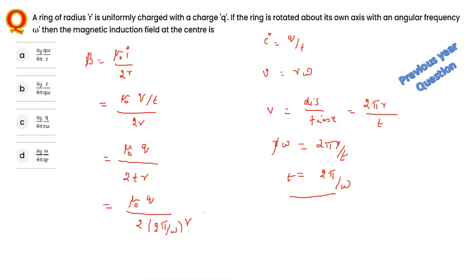Now from this, omega will come in the numerator, so mu naught q omega divided by 2 into 2 pi, that is 4 pi into r. So this is the answer they have given, B is equal to this.